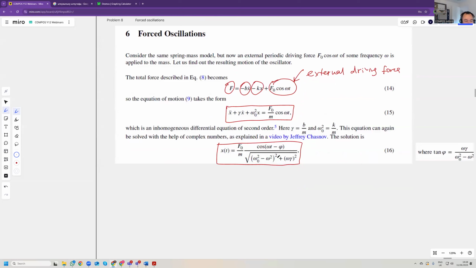So one of the questions in the assignment is to differentiate that twice and verify that 16 is a solution of 14. So what you do is you just substitute that into here and see if it works.